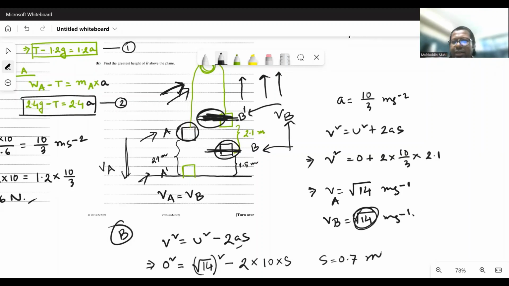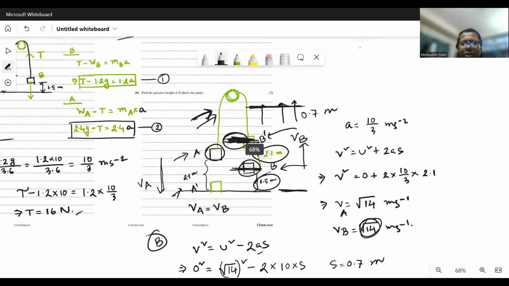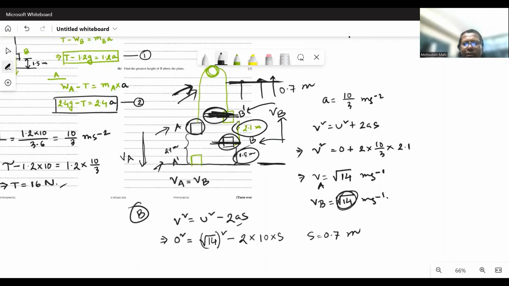The question was to find the greatest height of B above the plane. I mean, what is the distance of B from the plane? So that's going to be 1.5 meter plus 2.1 meter plus the amount of additional height B is going to move in upward direction, that is 0.7 meter. So you need to add all of them. The height of object B from the ground: initially it was already 1.5 meter.